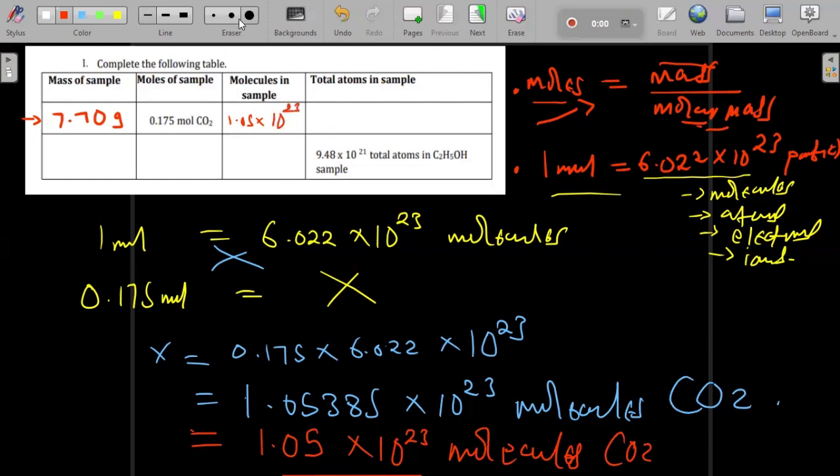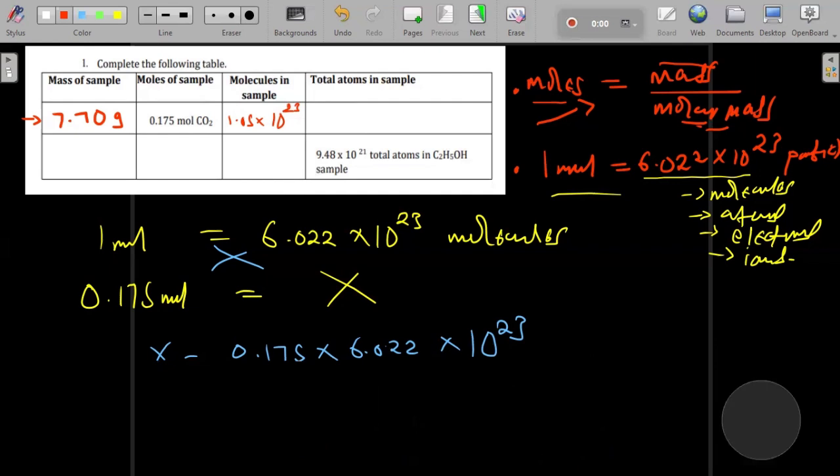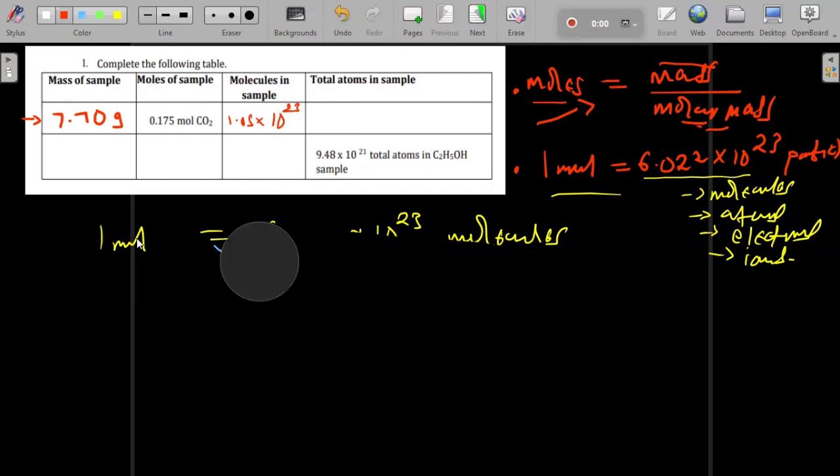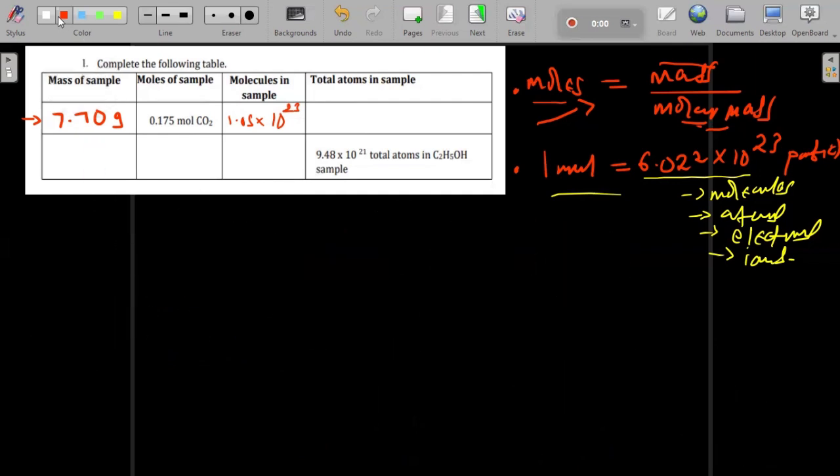So now once we have the molecules, then the atoms are very easy to find, okay? Once we have the molecules, the atoms are very easy to find. Please guys, if you have any question, just unmute yourself and ask, okay? So what we have to know is that one molecule of carbon dioxide has a total number of 3 atoms. Okay, so how do we count these atoms?